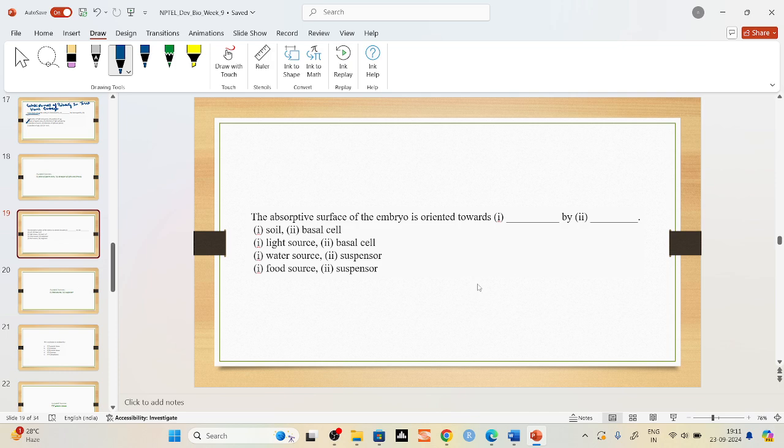Okay, let us see. What is the meaning of the absorptive surface of the embryo first?